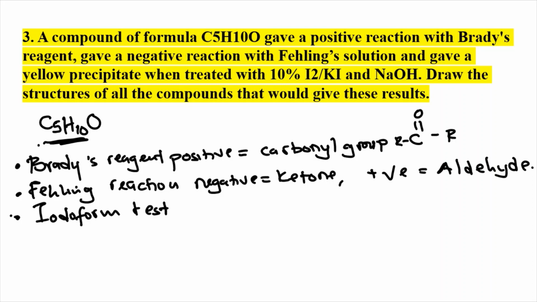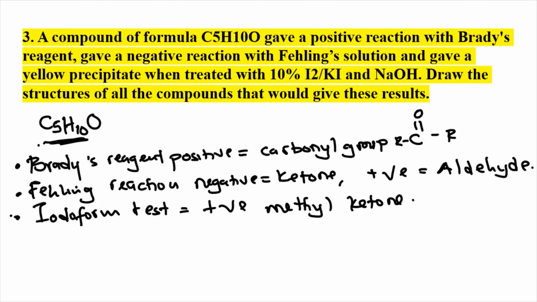So the iodoform test is positive when there is a methyl ketone, where the carbonyl carbon has got a terminal methyl group. Okay. So now they're saying draw the structures of all the compounds that would give such results.